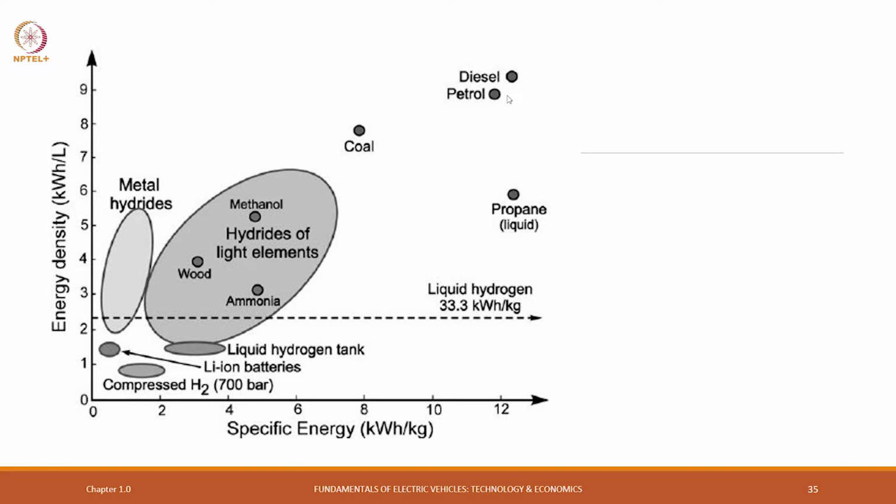Even in terms of volumetric, it is almost 10 kilowatt hour per liter. So, 1 liter, 1000 cc is all that you require. And remember, 1000 cc is 10 centimeter by 10 centimeter by 10 centimeter. That has 9 to 10 kilowatt hour.